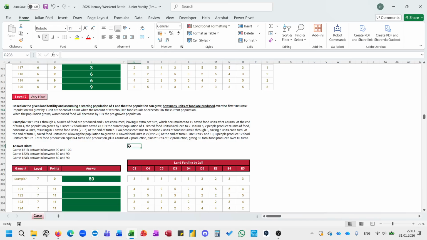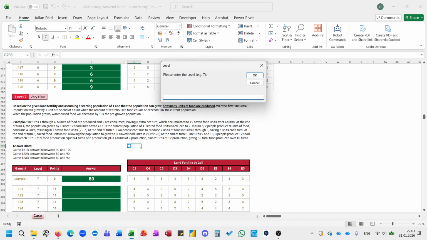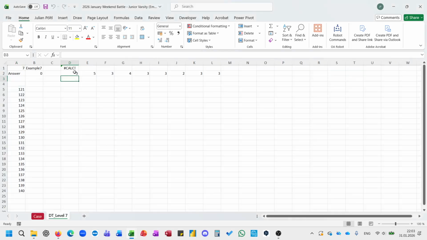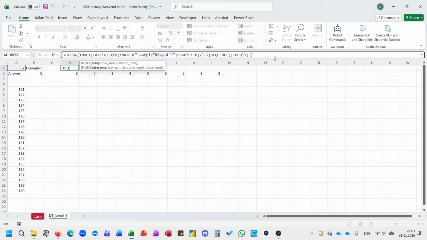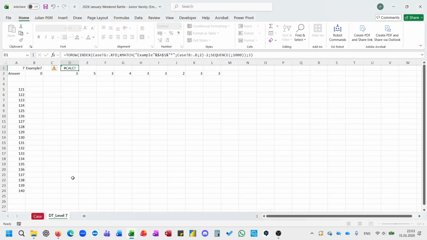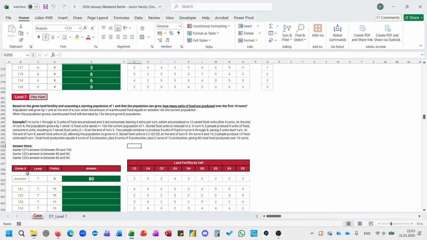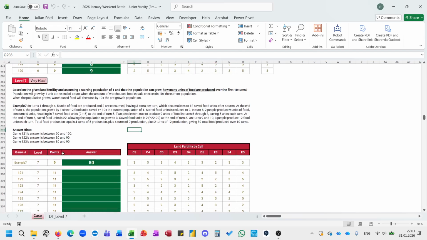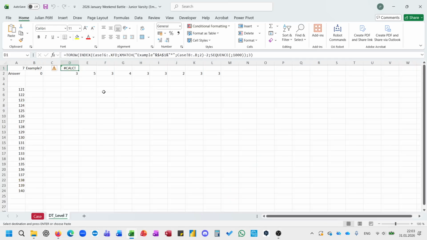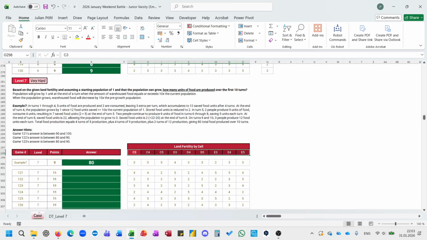Okay, I think I will data table this. Okay, why is this not working? Level 7. Anyways, doesn't matter, but annoying.